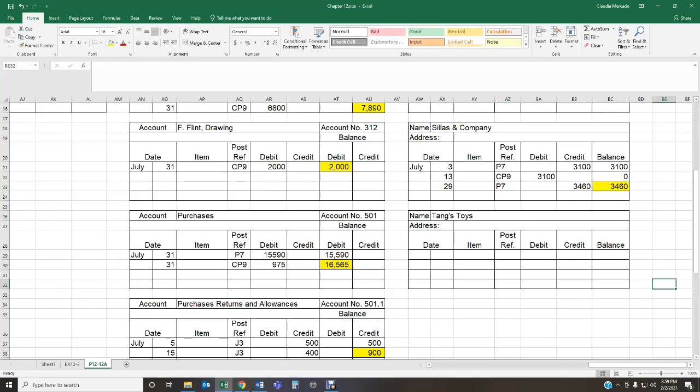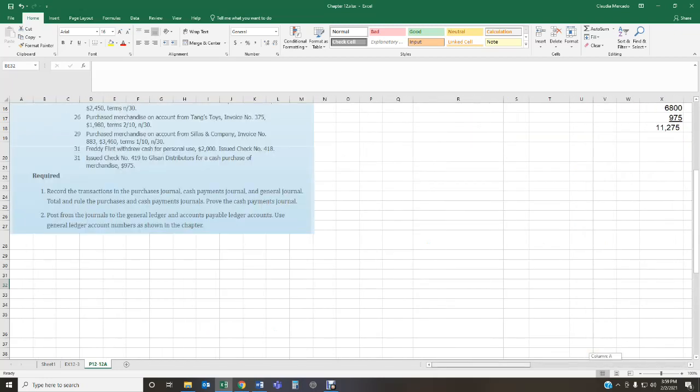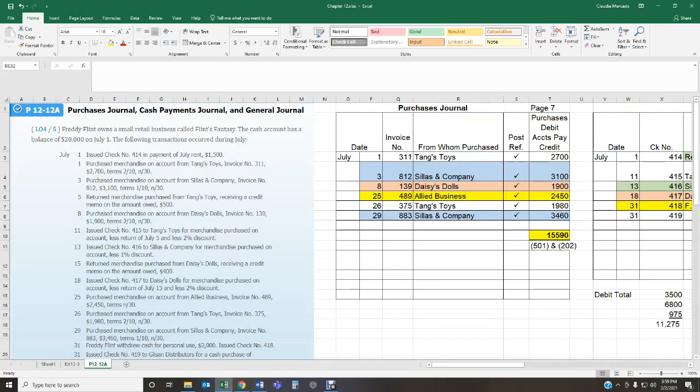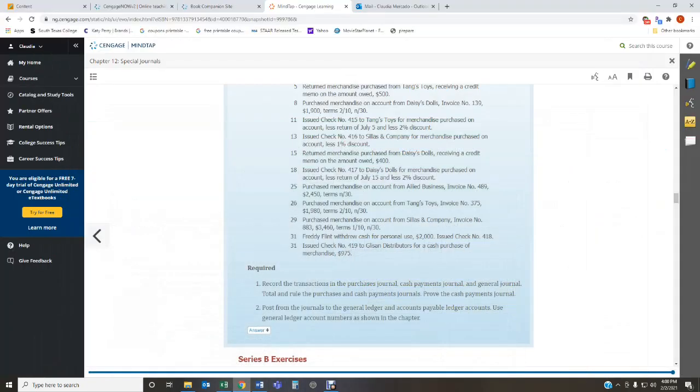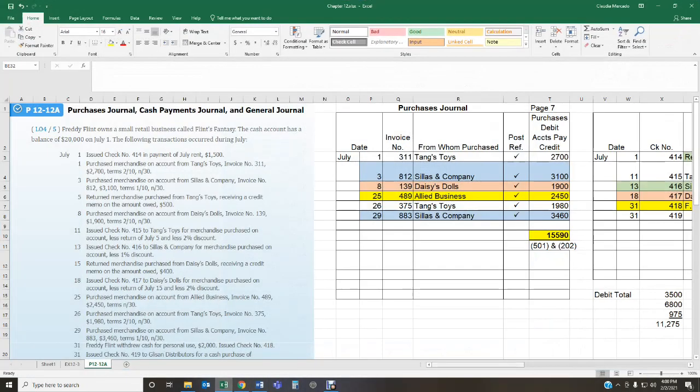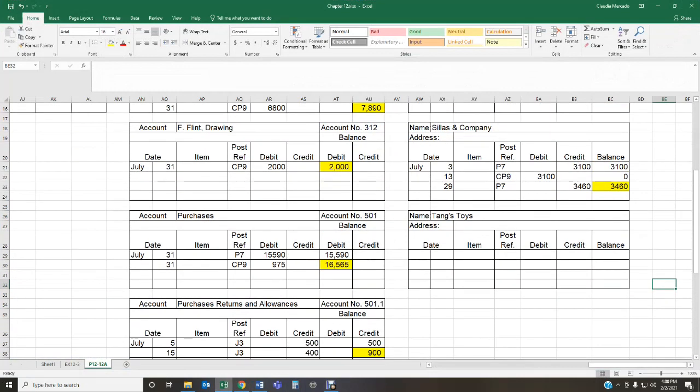Okay, $3,460. Okay. Last but not least, we've got Tank's Toys. Okay, so let's go and let's look for Tank's Toys. Okay. So Tank's Toys, we have a purchase on July the 1st for $2,700. Okay, so let's post that. Okay, Tank's Toys, that is happening on July the 1st.